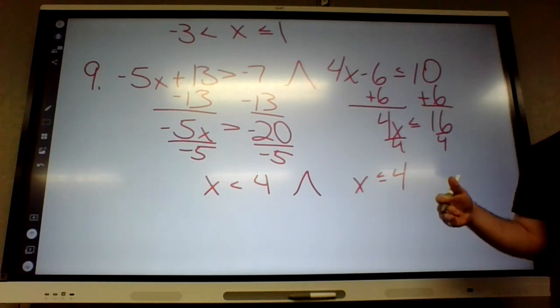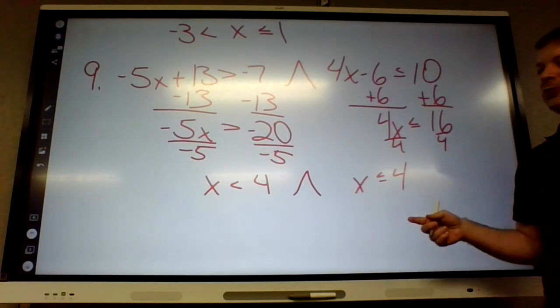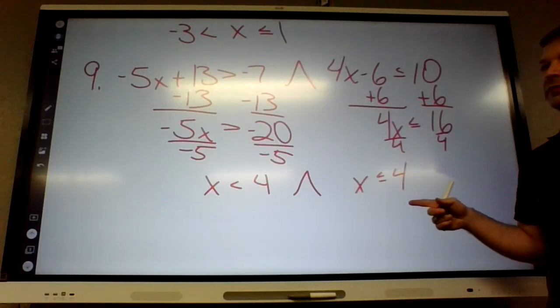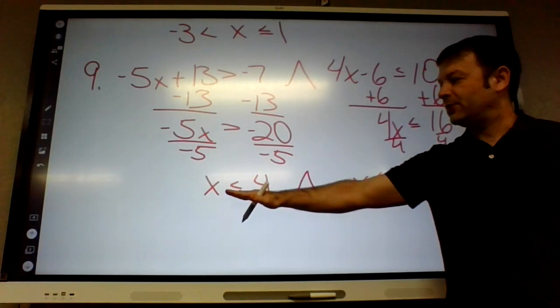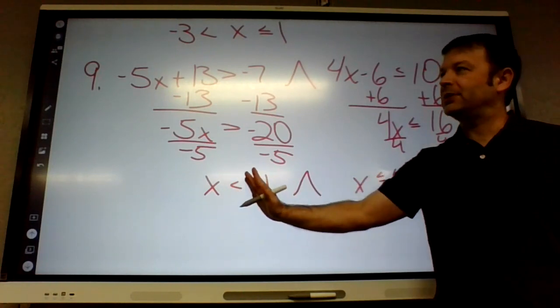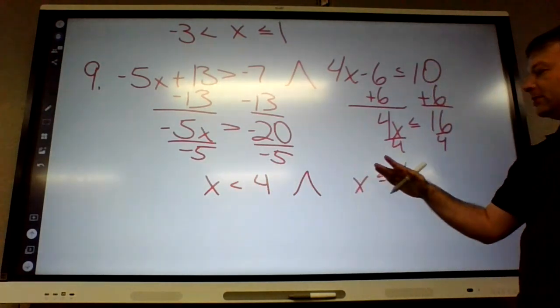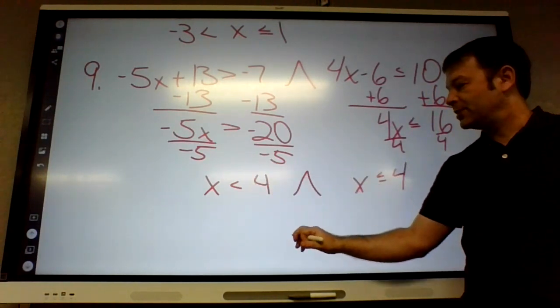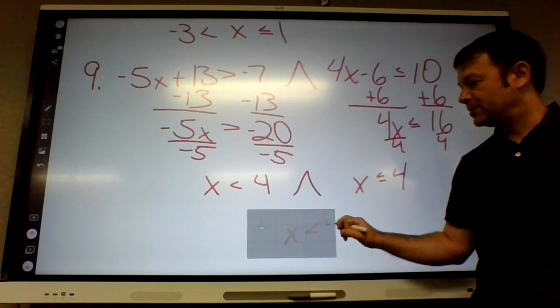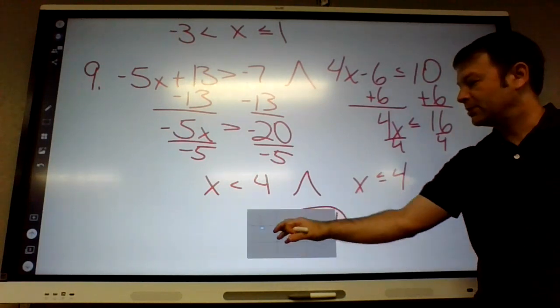Yes. Is 4 less than 4 and less than or equal to 4? No. Okay, 4 does not meet this qualification, so it's really all the numbers less than 4 that are going to work. This one would include 4, but this one doesn't, so 4 is not included, so it'd just be x is less than 4.